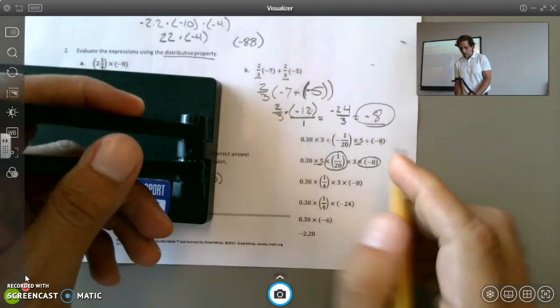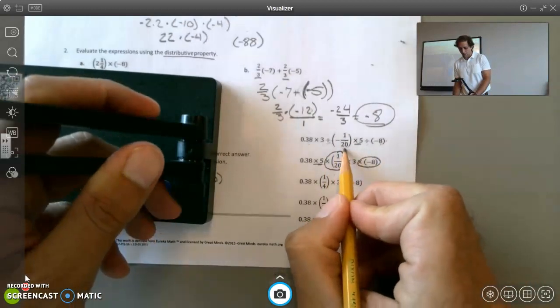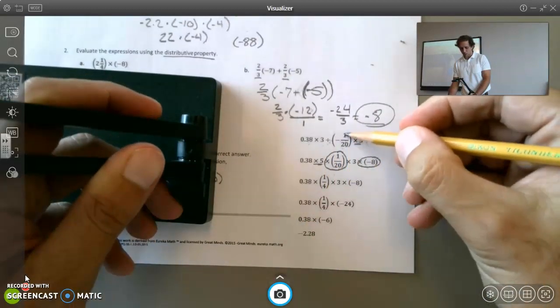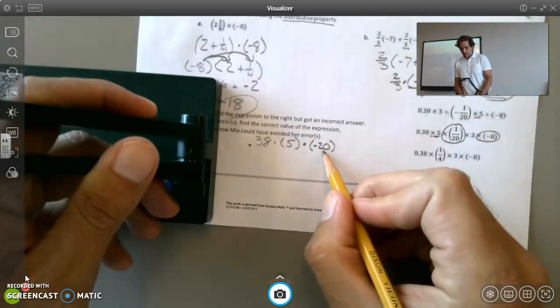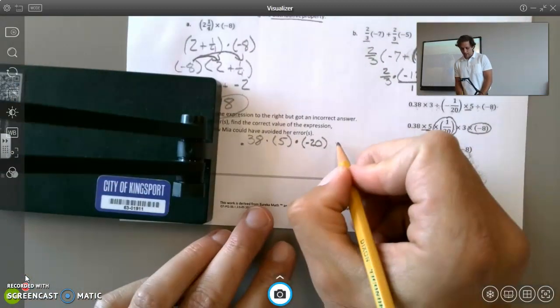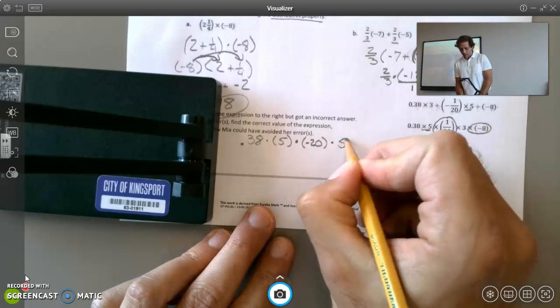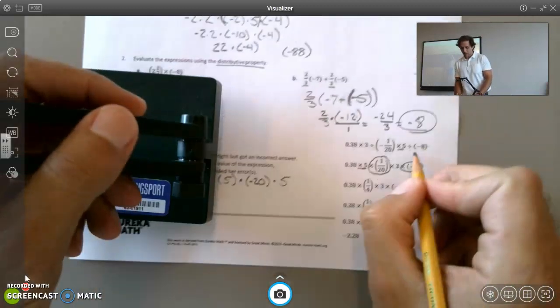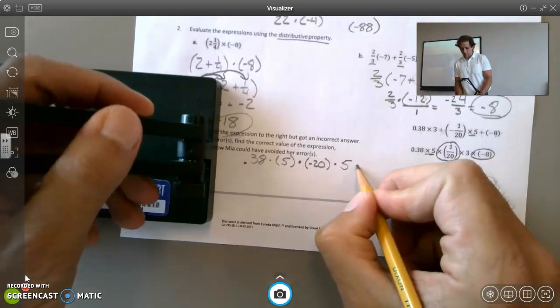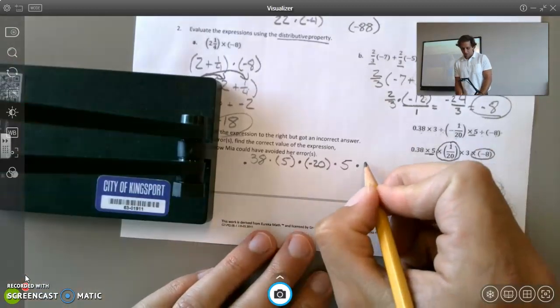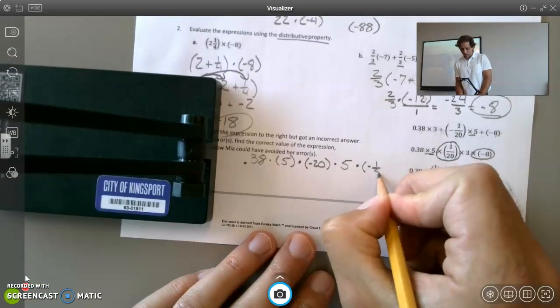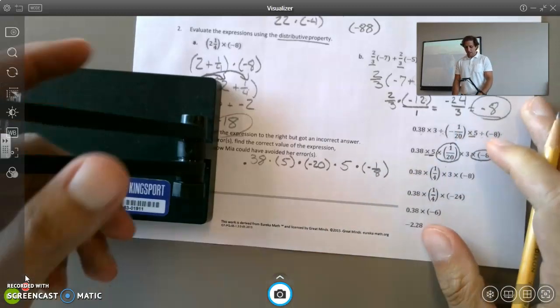To go from dividing by negative 1 over 20, well, the reciprocal would be 20 over 1. So negative 20, times 5 and divide by negative 8, well, that's the same as multiplied by negative 1/8.